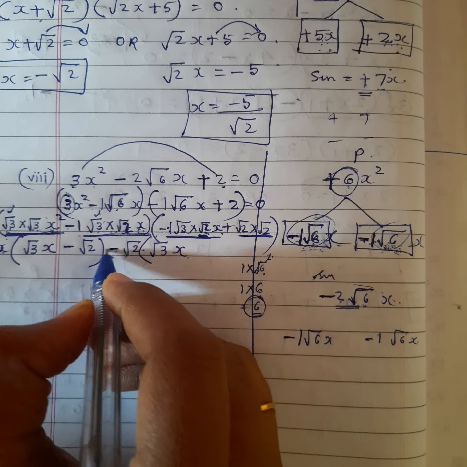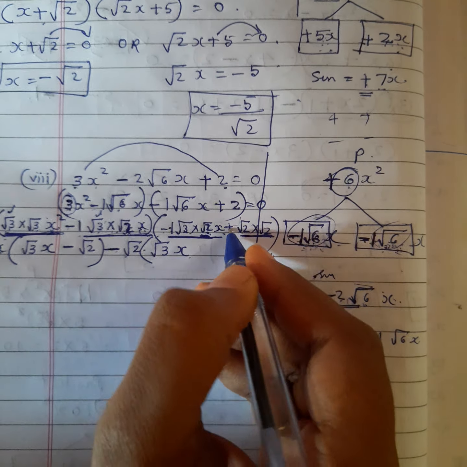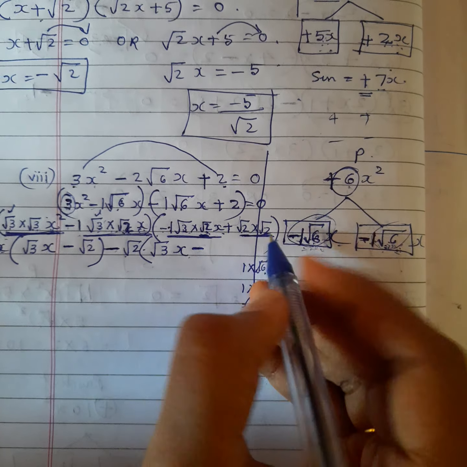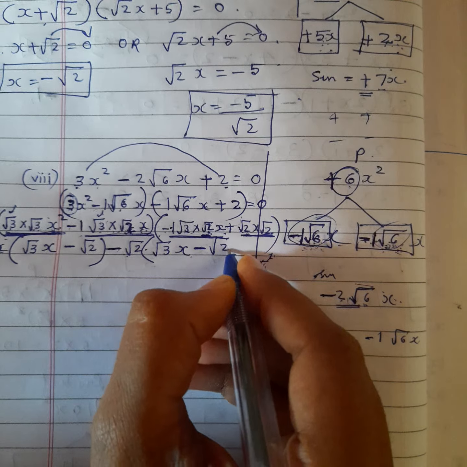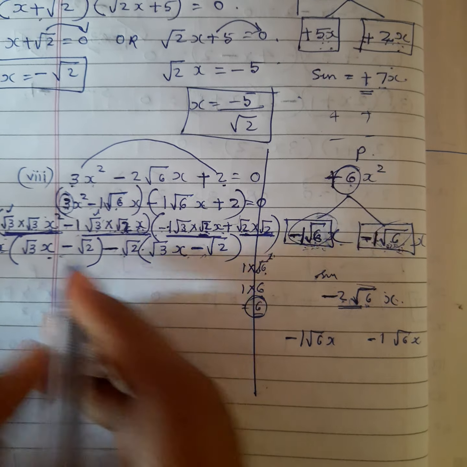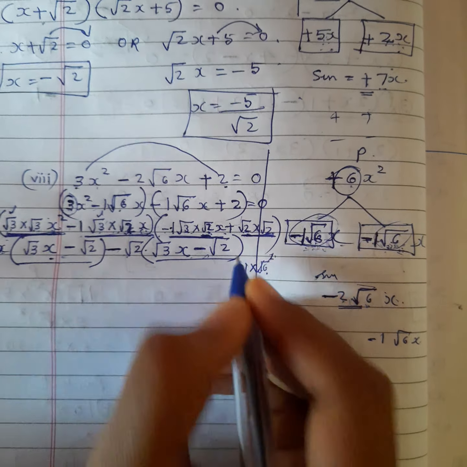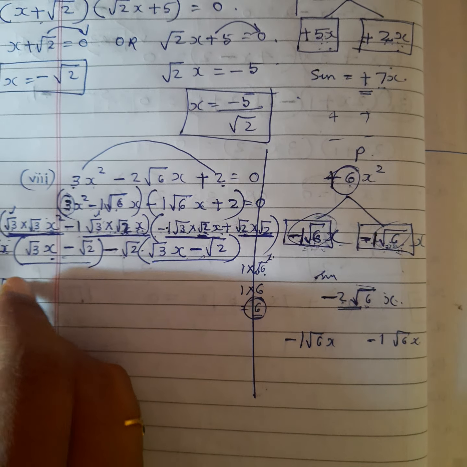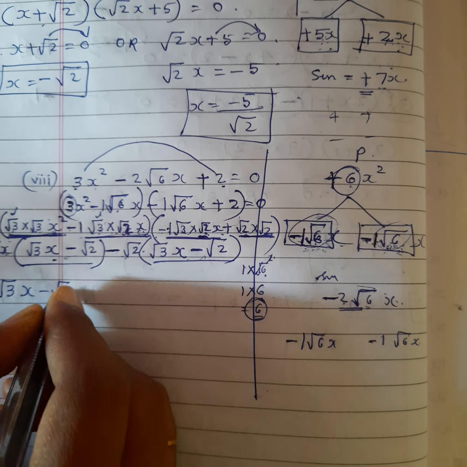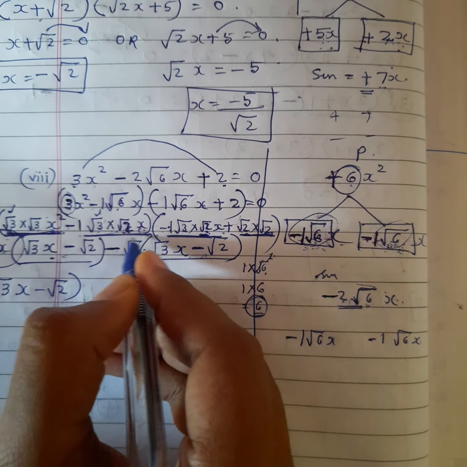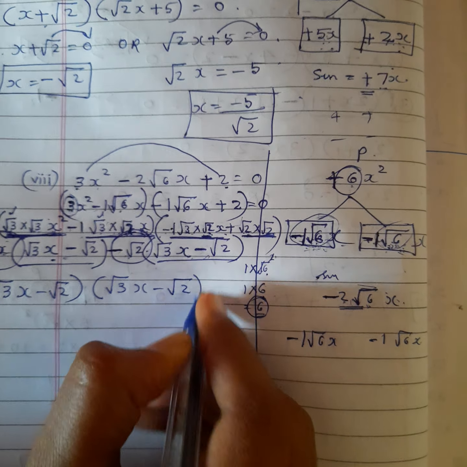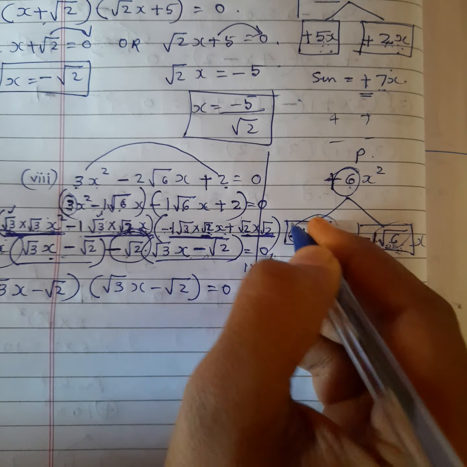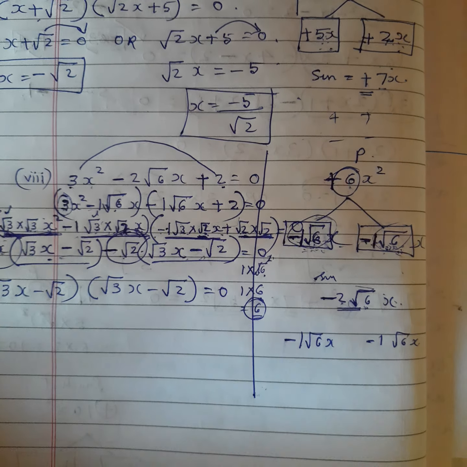Next, outside the bracket we have taken a negative sign, so it is positive, becomes negative inside, and out of 2 = √2 into √2, one √2 taken out and one more √2 remains. Now compare these two. √3x − √2 is the same, so this we will take as common, and (√3x − √2) again equal to 0. Here also 0, every step equal to 0.